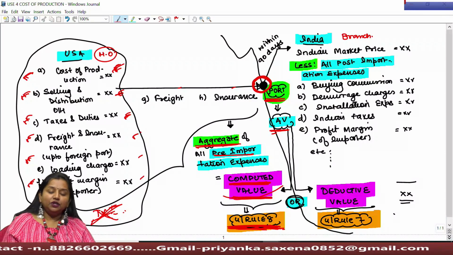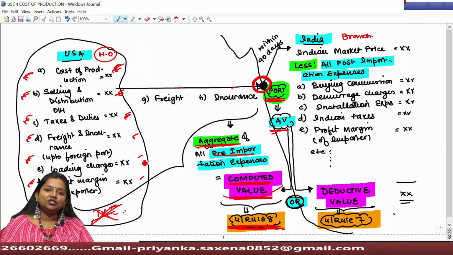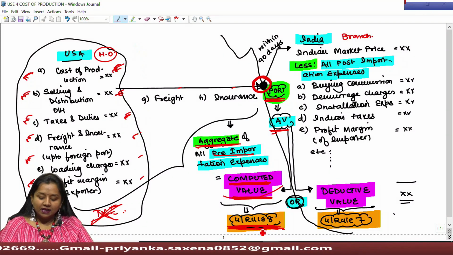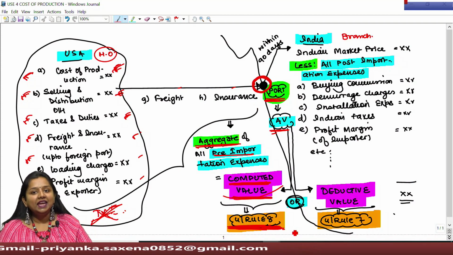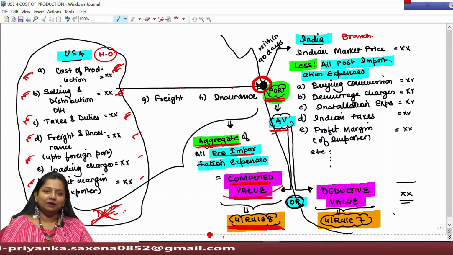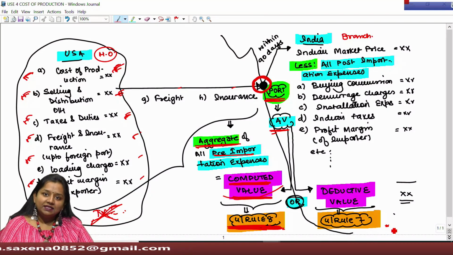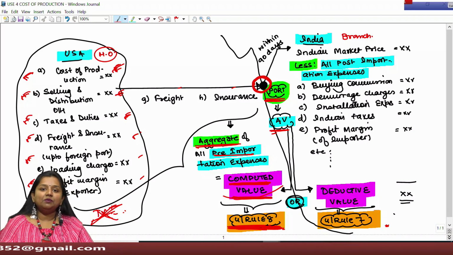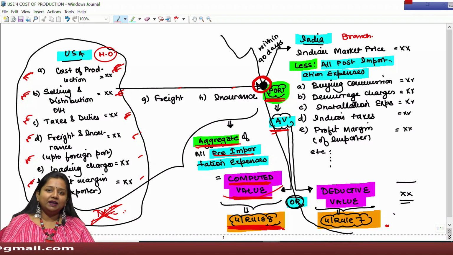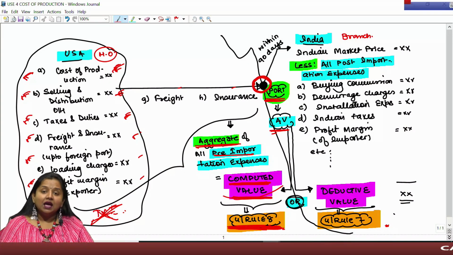And if due to such relation it is possible to obtain the breakup cost of all the expenses, then the assessee shall be eligible to apply Rule 8 for determining the assessable value without applying Rule 7 as said under Rule 6. So, since all the breakup cost is available for you, it is better to take the aggregate of all such expenses for determining the assessable value under Rule 8.